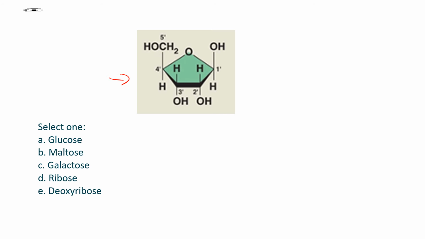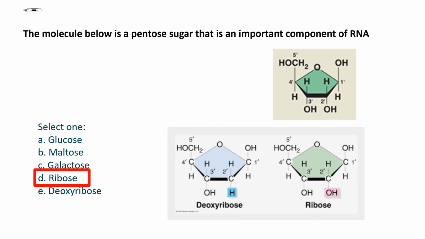So this is not going to be glucose, maltose, galactose. It has to be one of these that is very important. If you see, this will be the deoxyribose, and if you have an OH, it will be the ribose. So here it will be the ribose. And this molecule is the component of the RNA that I'm sure you know.